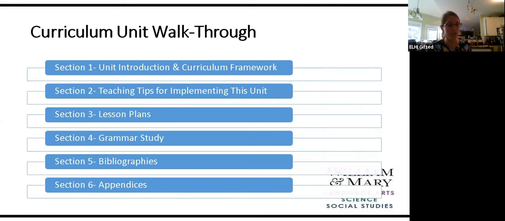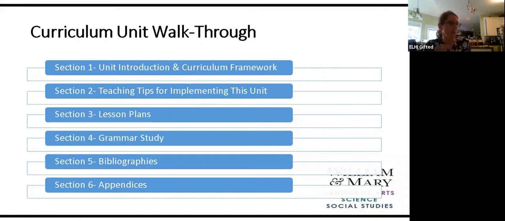And it starts in the very beginning explaining the very brief few minutes I talked about the background information, much more in depth than here at the beginning of the unit. And it gives you several pages to talk about the integrated curriculum model and how the concepts and issues are integrated into that, literature and discussion, and how assessment plays out in the different lessons and the unit as a whole.